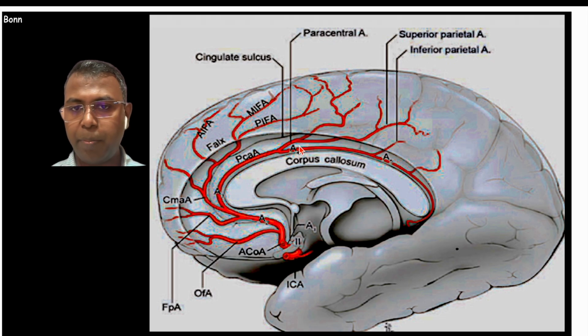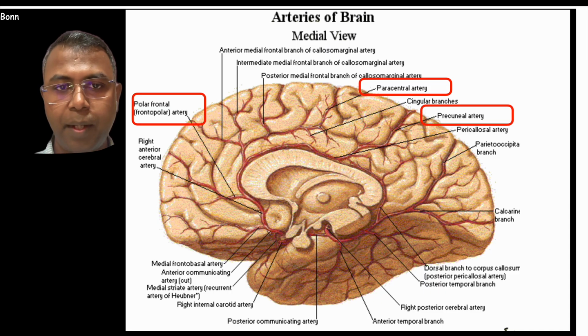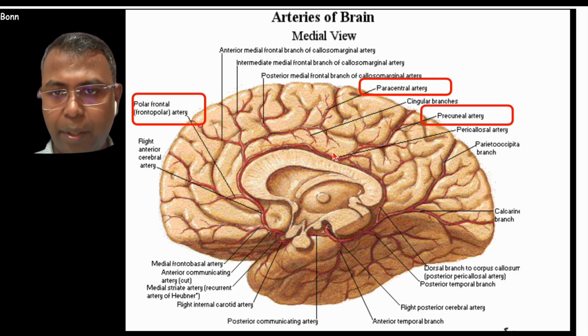You see, from the pericallosal artery there arise some other branches. One is the paracentral artery. Here it is, the paracentral artery, this part, and this is the superior and inferior parietal artery. The same important branch, you see this is the callosal sulcus.